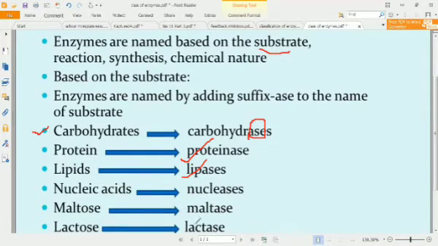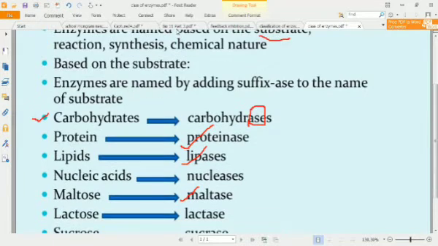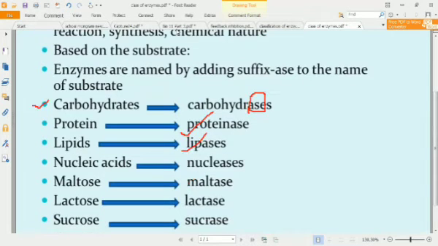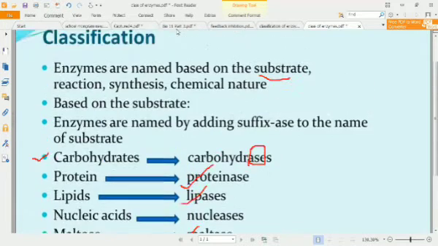Then we have maltases on maltose, lactase hydrolyzes lactose, and sucrase hydrolyzes sucrose.